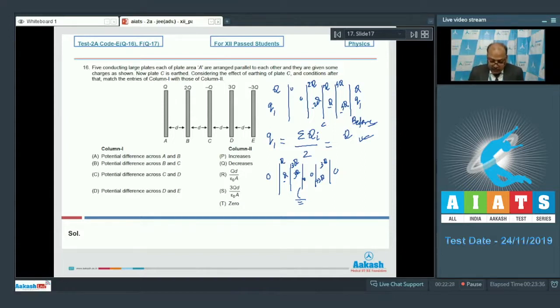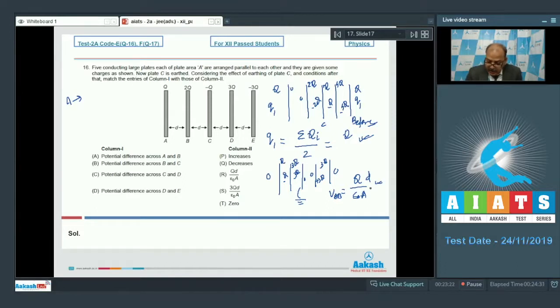Let's look at the options now. Potential difference across A and B initially was 0. The final potential difference across A and B can be given as Q by C. The charge now on the surfaces facing each other is Q and minus Q. So it's Q by epsilon naught A by D. So for A, potential difference across A and B increases because initially it was simply 0 and now it is this.